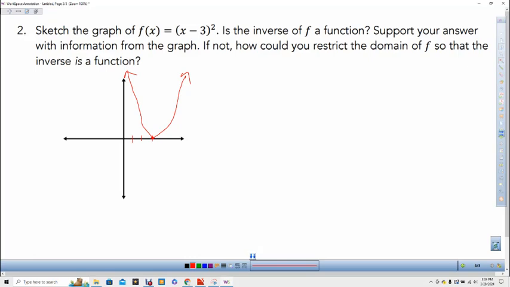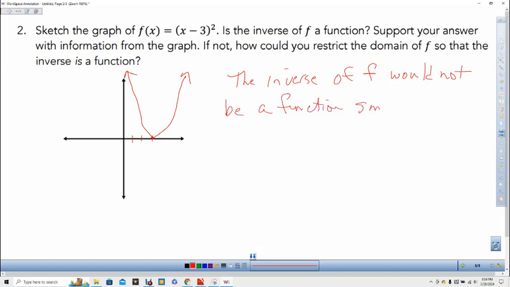So the inverse of f would not be a function, since f fails the horizontal line test and is not one-to-one.